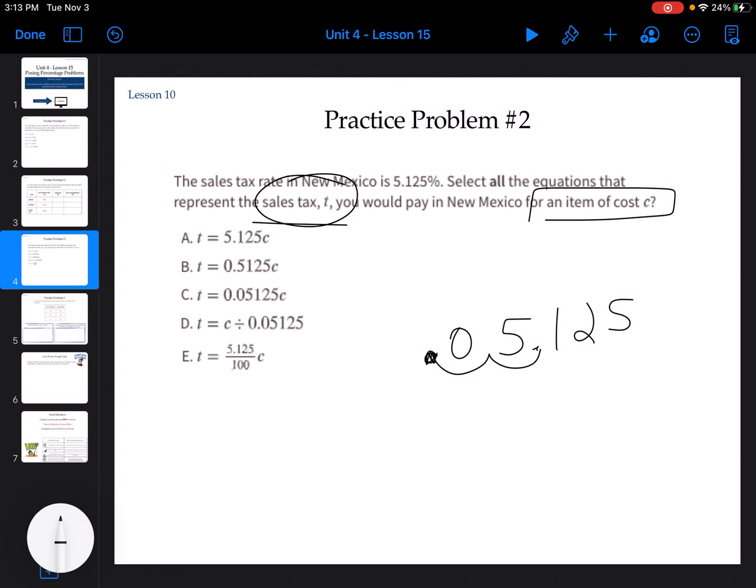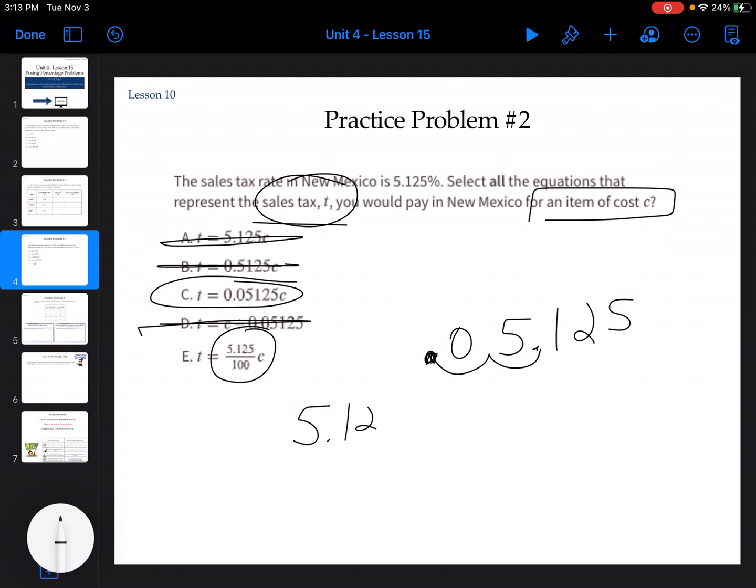So if I'm looking at my options, that's not going to work, and that's not going to work because we didn't move the decimal over far enough. This one's going to work. Then dividing by the tax, we don't divide by the tax. And then this one, that's an interesting one. Remember, percents are the amount out of 100. So E would be correct. So C and E are your correct answers.